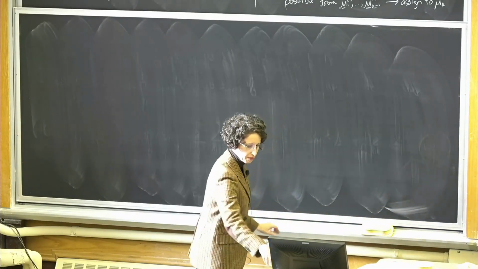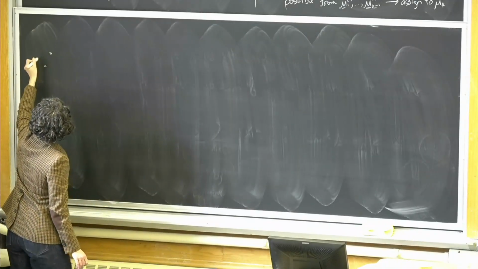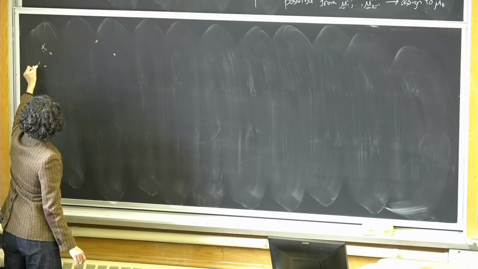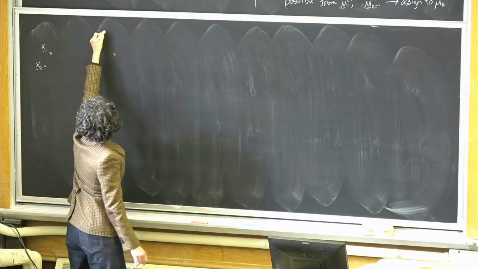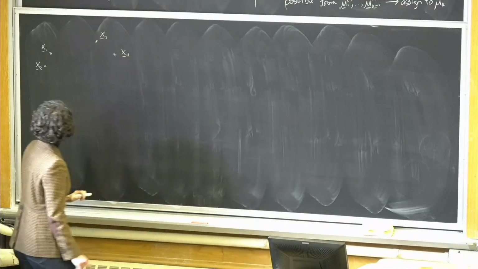Okay, so in my example, I am going to have 4 points in 2 clusters. So I've got X1, X2, X3, and X4.